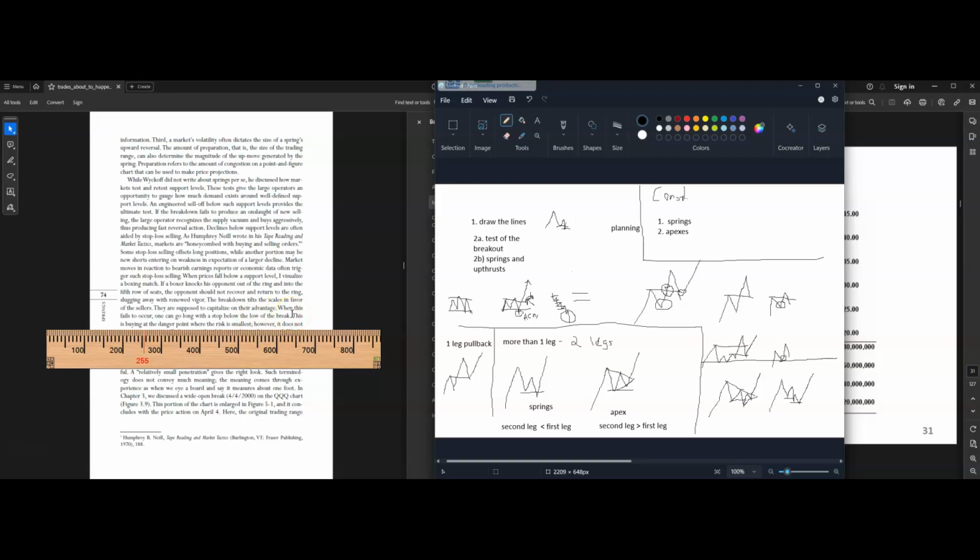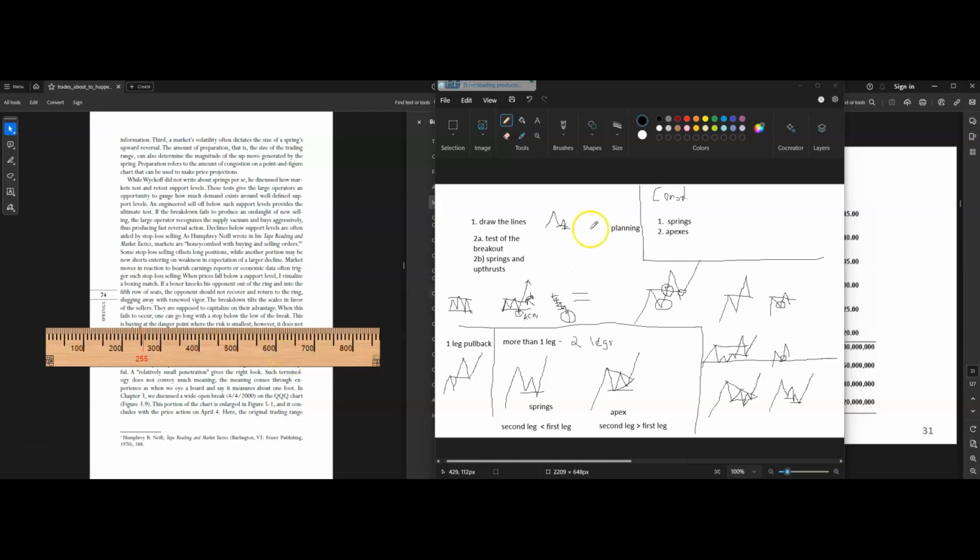Now, I would say something else. I would say go into the lower time frames, and that will tell you how strong that boxer is coming back into the ring, or how strong price is coming back into the range above that support level that it just penetrated. So that's what you need to do. This is buying at the danger point where risk is smallest.